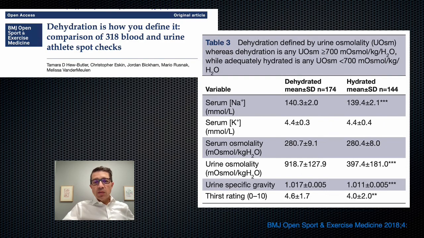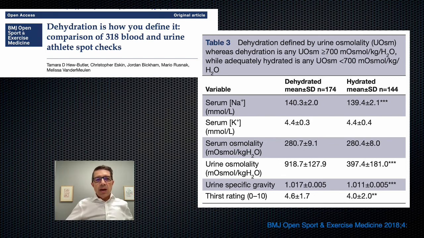Of course, in the field of hydration, like in every scientific field, there is quite often controversy and disagreement. And here I have a paper from a colleague of mine, Tamara Hew-Butler, where she presented a very interesting study. She took about 300 blood and urine samples, and she was trying to use what people say, concentrated urine, and some people use the term dehydration, which I agree with Tamara.